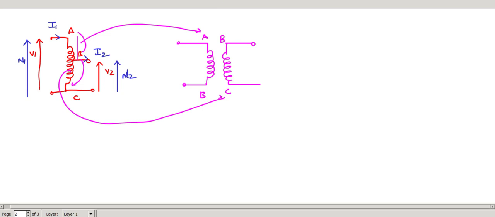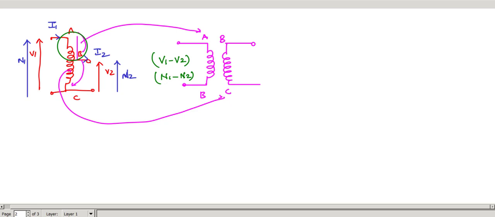Now here you clearly observe that winding AB has a voltage of V1 minus V2 and a number of turns of N1 minus N2.